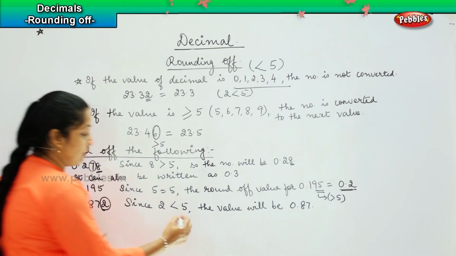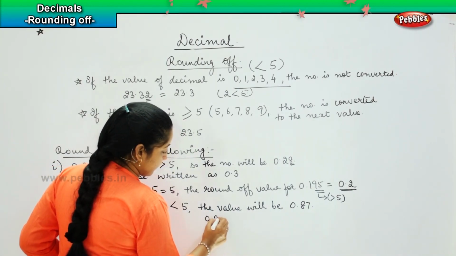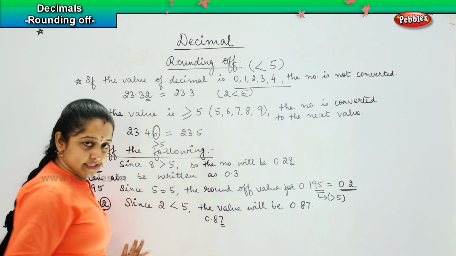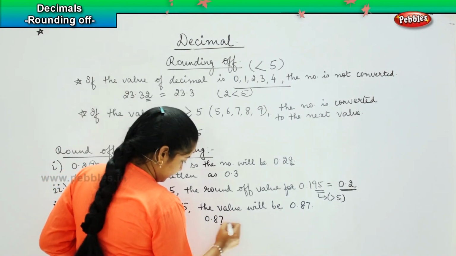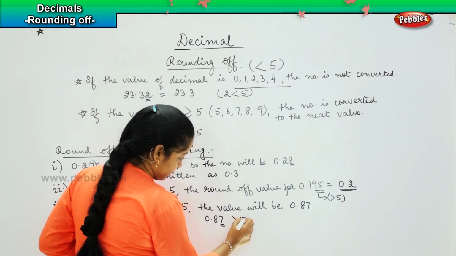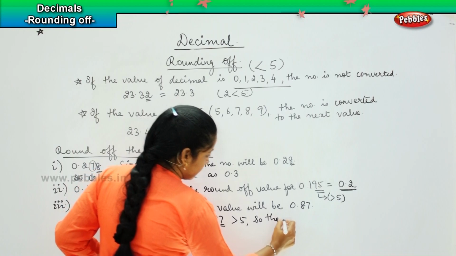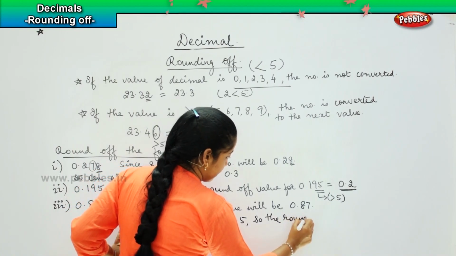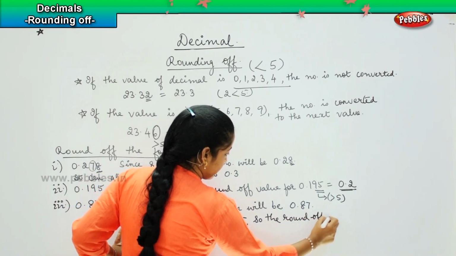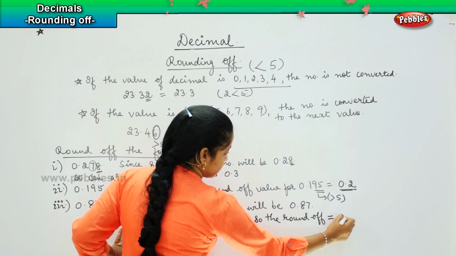Now in this 0.87, since 7 is greater than 5, the round off will be equal to 0.9.